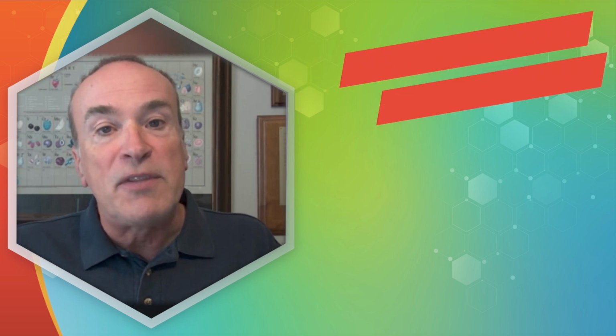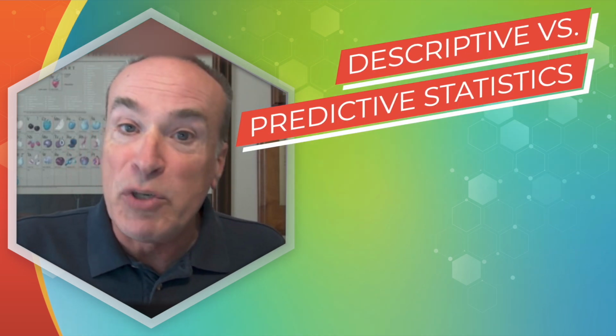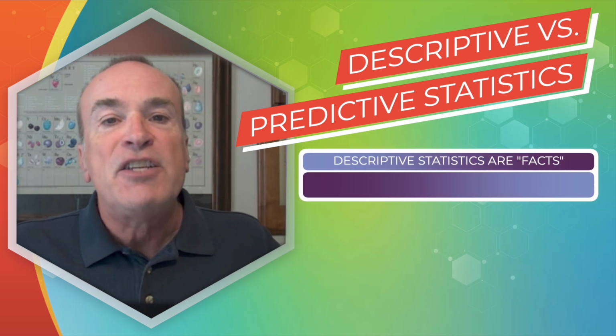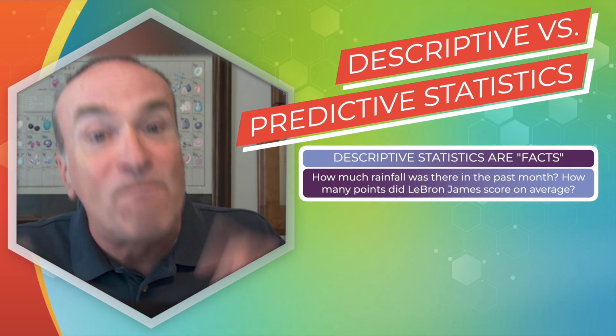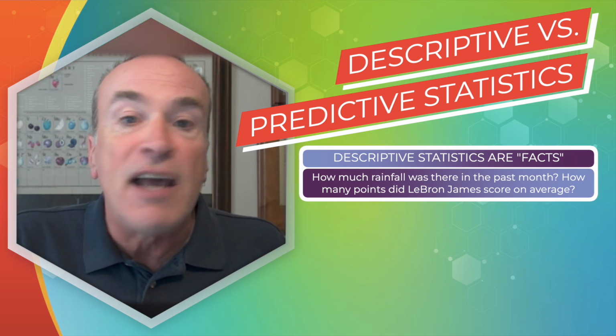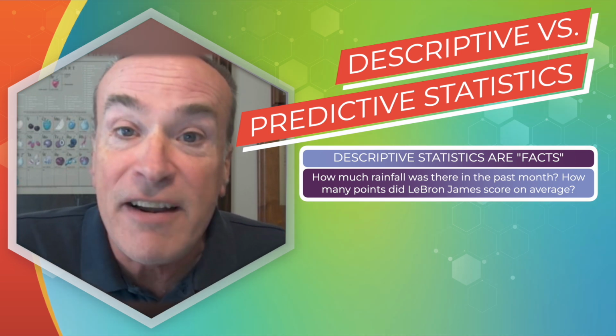When you went through your statistics classes, most everybody learned statistics in the same basic order. You learned about the difference between descriptive statistics versus predictive statistics or inferential statistics. Descriptive statistics are facts. How much rainfall was there in the past month? How many points did LeBron James score on average?